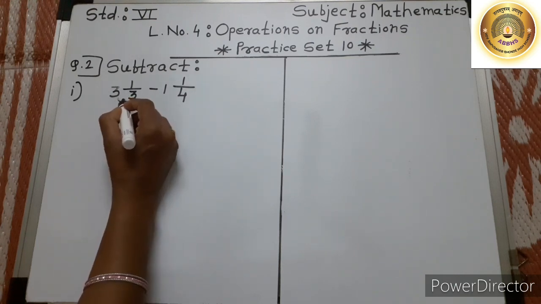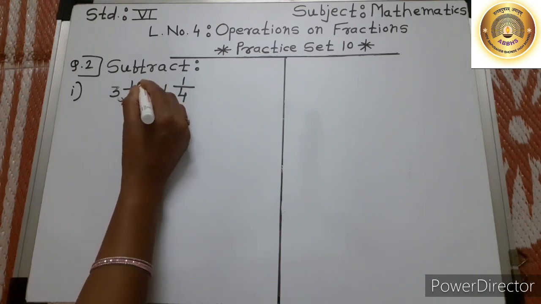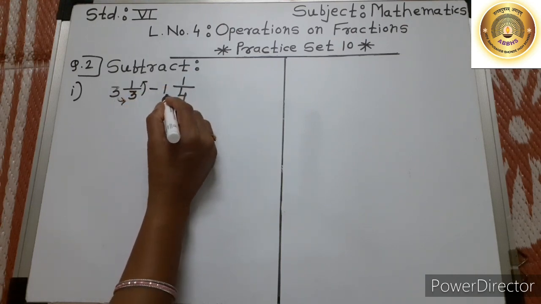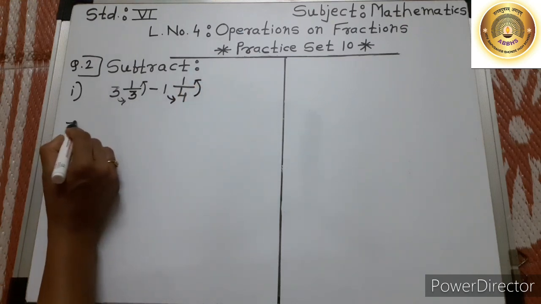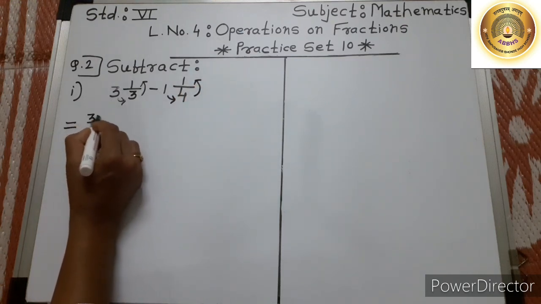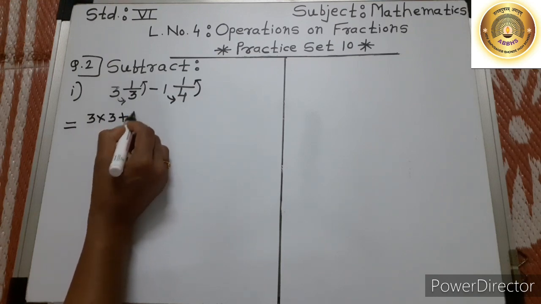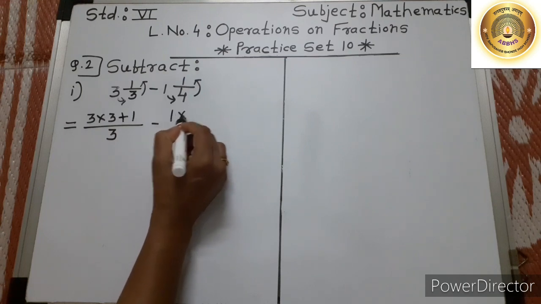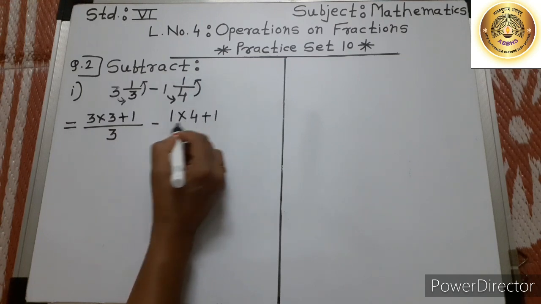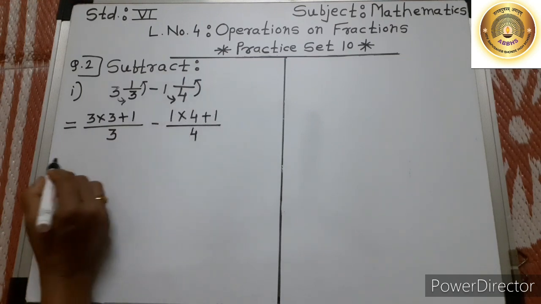Multiply 3 into 3 plus 1. Multiply 1 into 4 plus 1. So 3 into 3 plus 1 upon 3 minus 1 into 4 plus 1 upon 4.